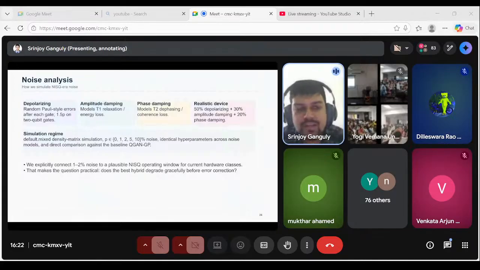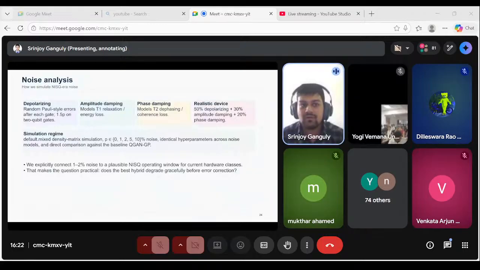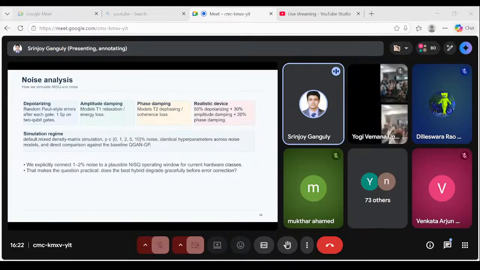Then we go on to noise analysis. As I mentioned in the very beginning, we didn't run on real hardware due to some constraints, but we simulate the noise. We simulate the noise with some percentages, like 0, 1, a percentage of noise. And for each noise, we just measure our models.